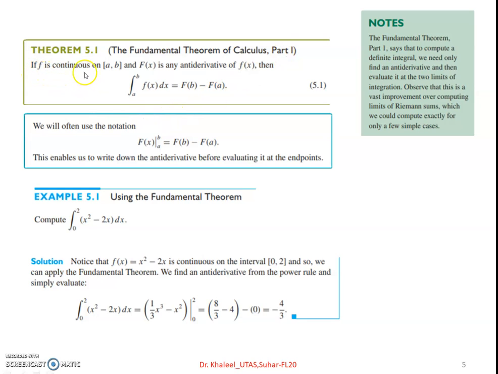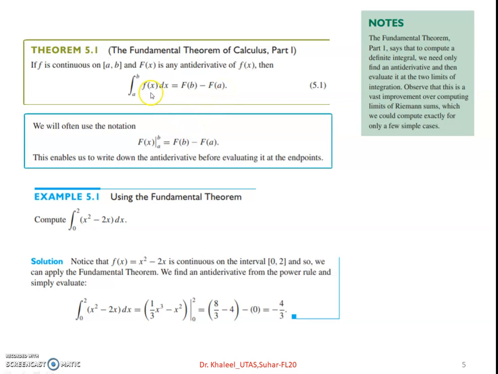If f is continuous on [a, b] and capital F(x) is any antiderivative of small f(x), then the integral from a to b of f(x) dx is capital F(b) minus capital F(a).